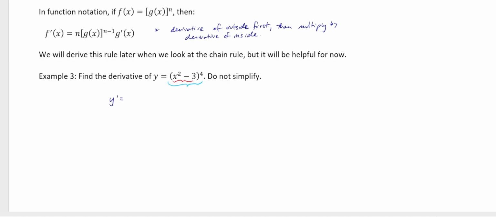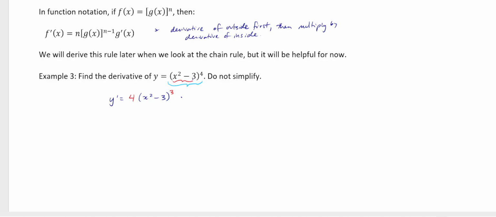So the outside is this function raised to the power of 4. So I bring the 4 down in front. I leave the inside function as it is. And then I do 4 minus 1, which is just 3.